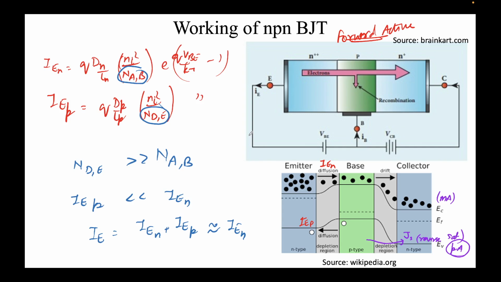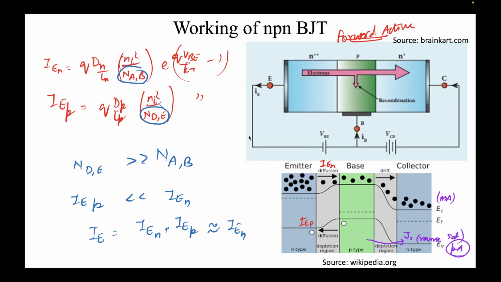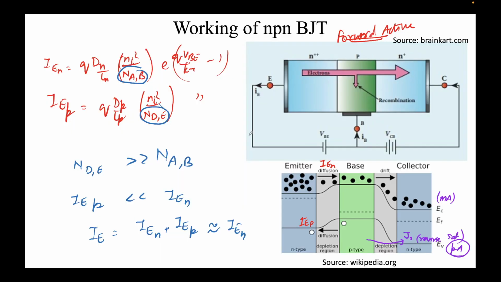Then in this slide, I also brought in the holes, and that illustrates why we have to dope our device's respective regions in such a fashion that a higher percentage of the current comes from the electron flow rather than the hole flow. Okay, so that's that.